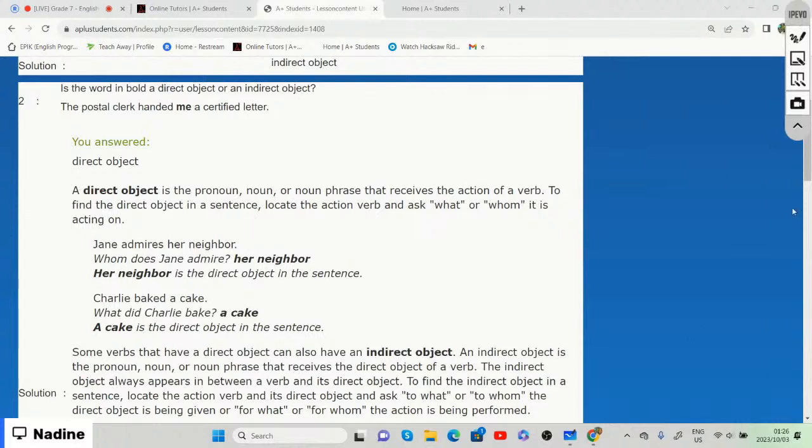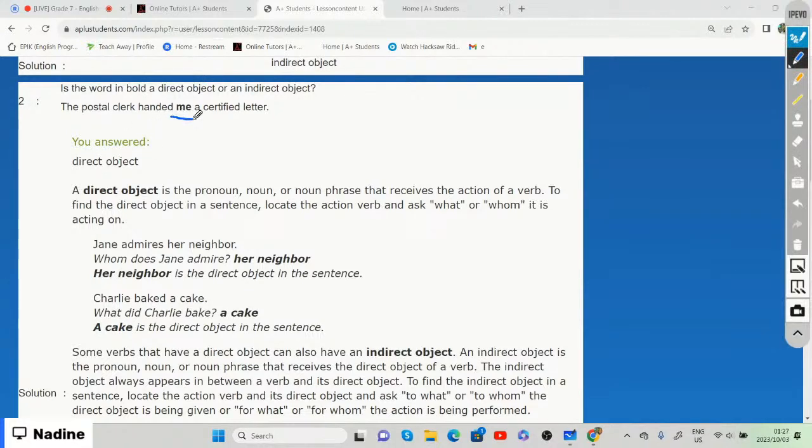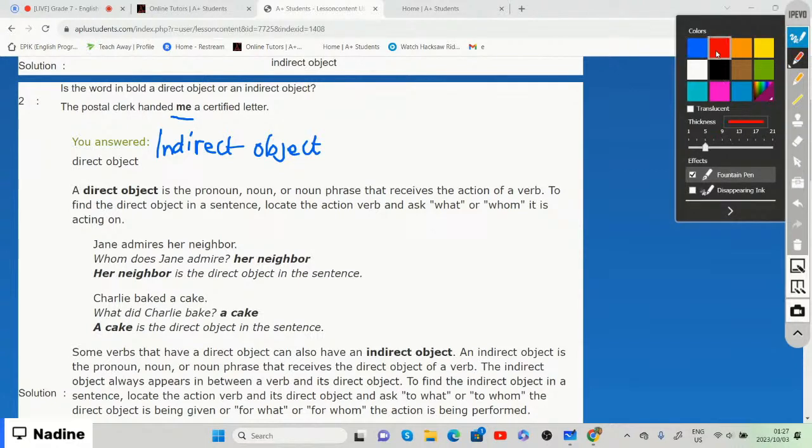So if we look at the word me, then we will say it is an indirect object, right? It sits between handed, which is the verb, and certified letter.